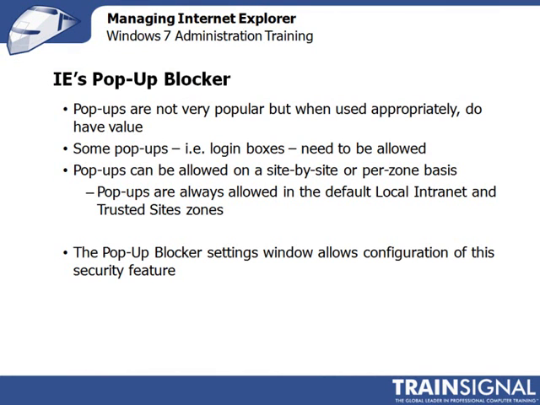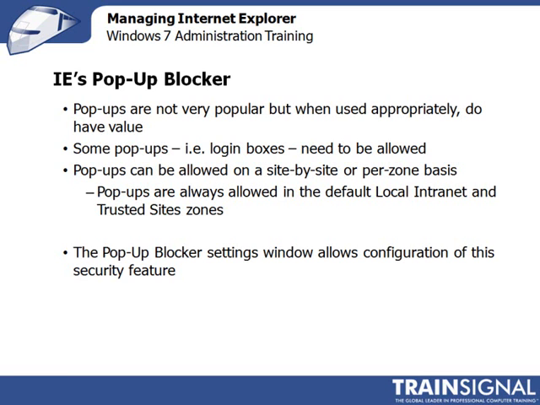I'm not going to say too much about pop-up blocking because I think this is a pretty well-known technology at this point. Pop-ups are not very popular, but they are used on websites still pretty frequently. In a lot of cases, they have value. And some of them have to be allowed. So when you go to some websites, you have to click a button to get a login box, whatever. You need to allow pop-ups.